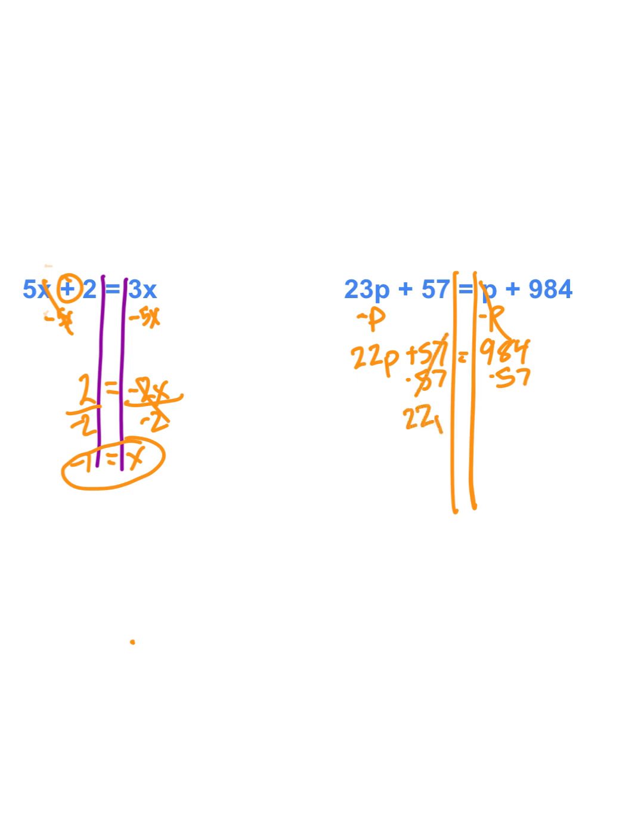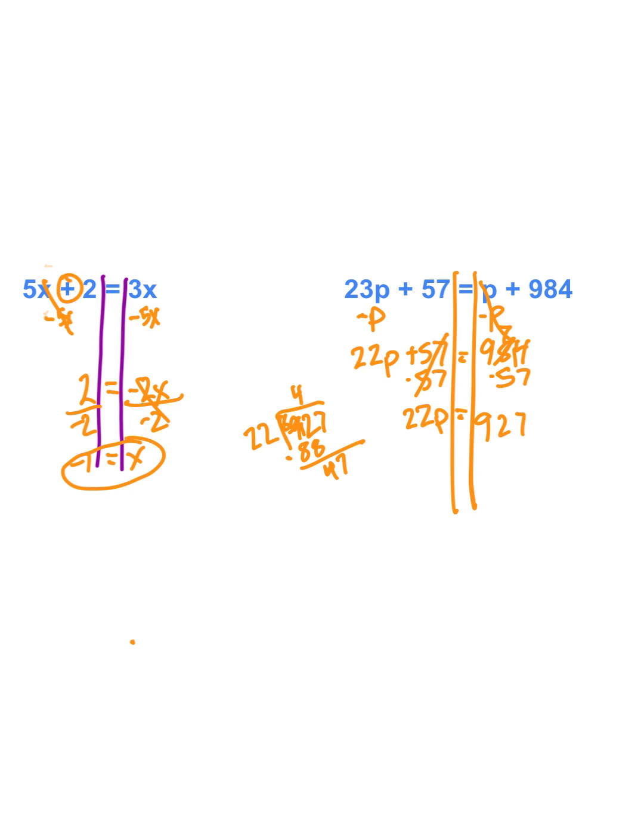And 22p is equal to, borrow a little bit here, 927. Oh my goodness, why do I do this to myself? So now I've got 927 divided by 22, so that's 488. Subtract and borrow, and I've got 47.